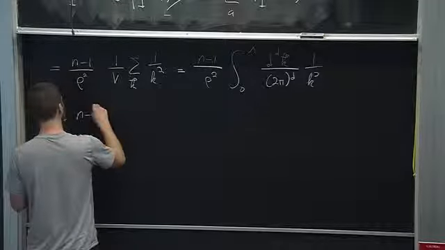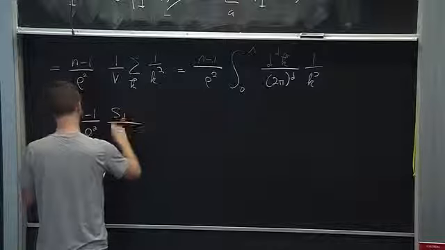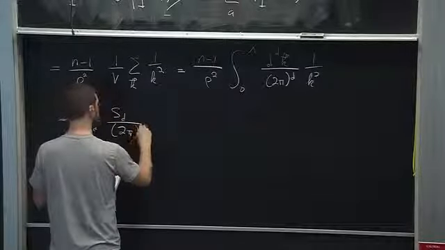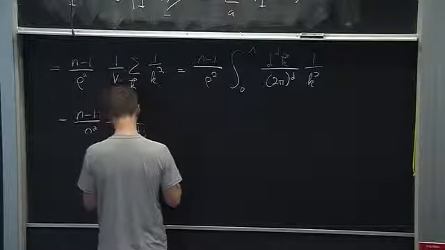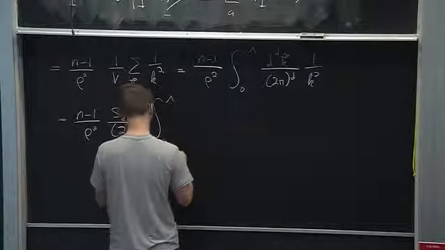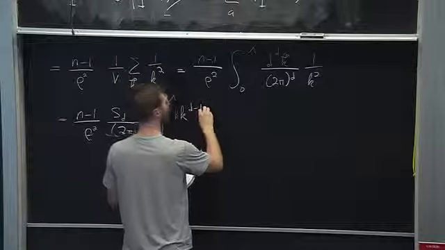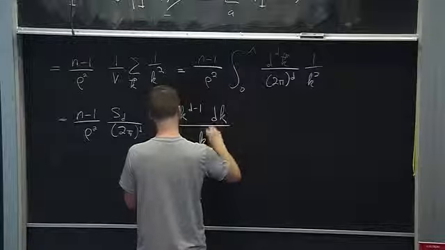Call that S_d. Pull out that 2 pi. So let's see, now I have k to the d minus 1 dk over k squared.